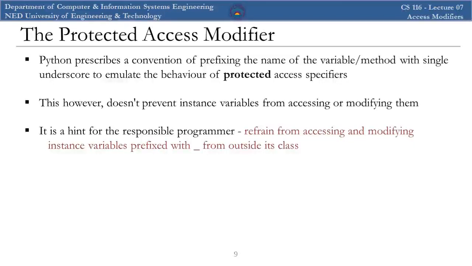But in reality, if the user of the class does not listen and tries to access that restricted attribute or method, then that's fine with Python. Python doesn't raise any error on that.